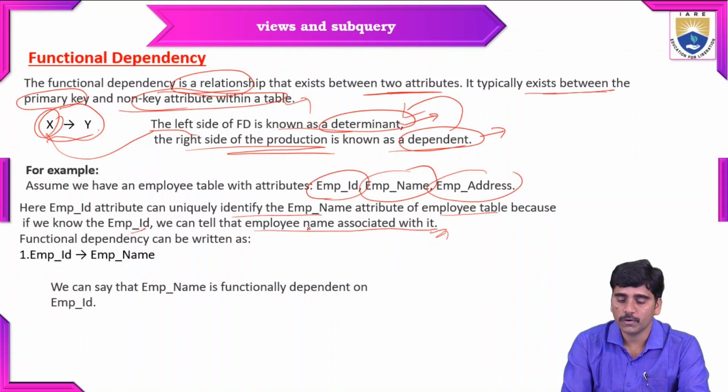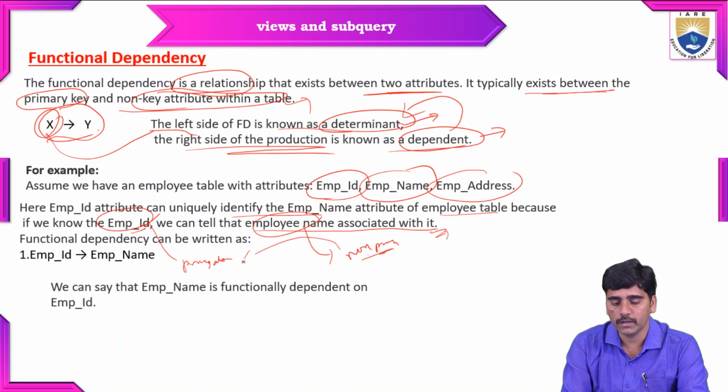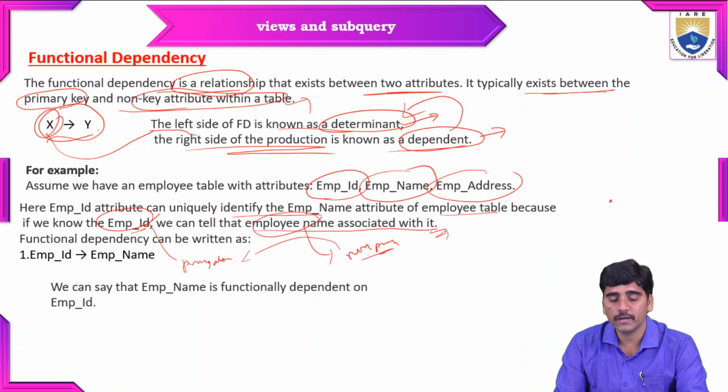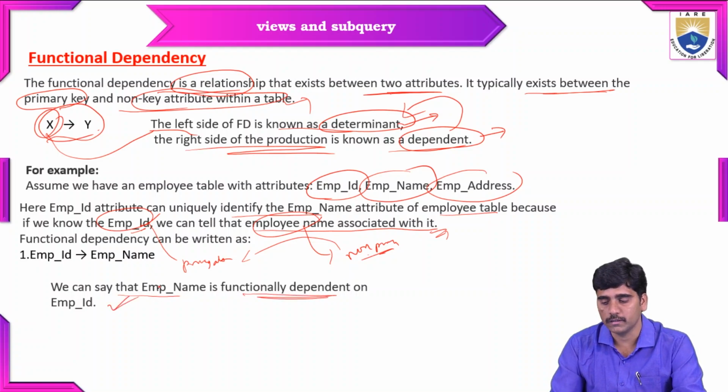So employee name is a non-primary attribute and employee ID is the primary attribute. Employee name is depending upon employee ID, but employee ID is not depending upon employee name. So we can say that employee name is functionally dependent on employee ID.